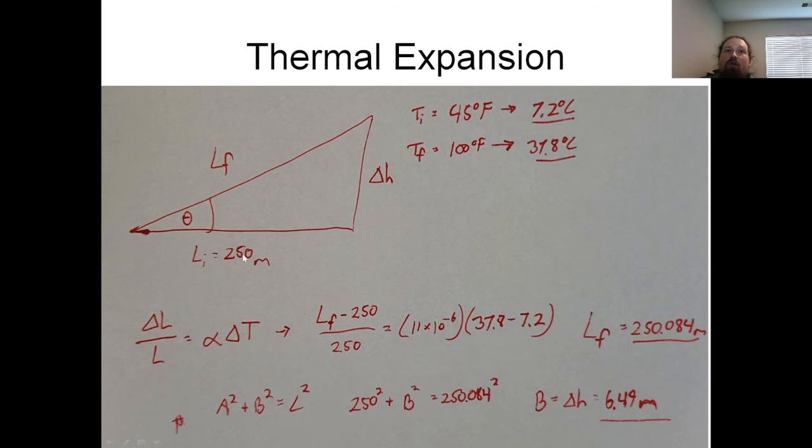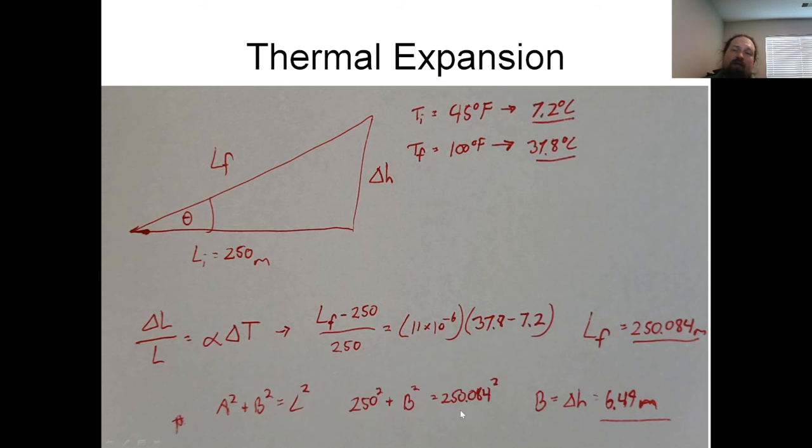A and B are always the legs of the triangle, so A can be the 250 that we know. B is going to be the other leg, the one that we don't know, so that's going to be what we end up solving for. C is always the hypotenuse, so that'll be the LF that we solved for a minute ago. Note that both of these values are squared, so you have to square them, then subtract 250 squared over, then take the square root of the difference between those two squares.